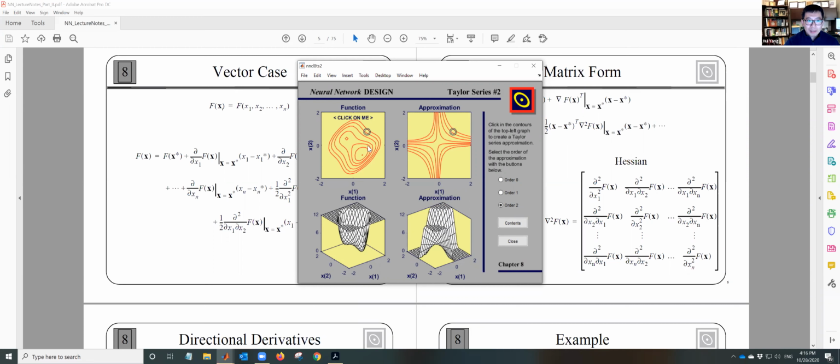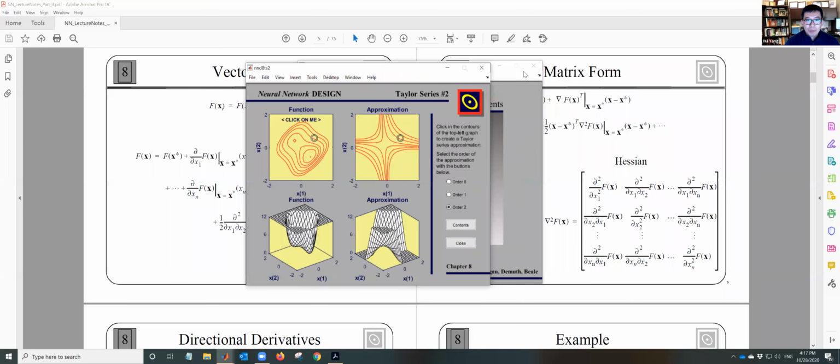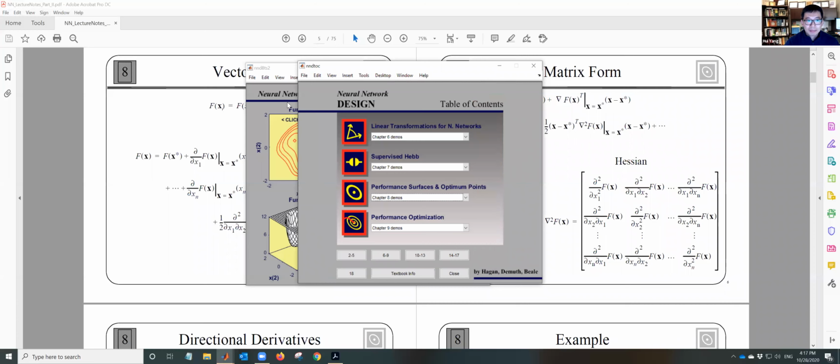You see, if we click on X star at different locations, the approximation will be different, right? So what is this approximation? When we approximate, what are we doing over here?